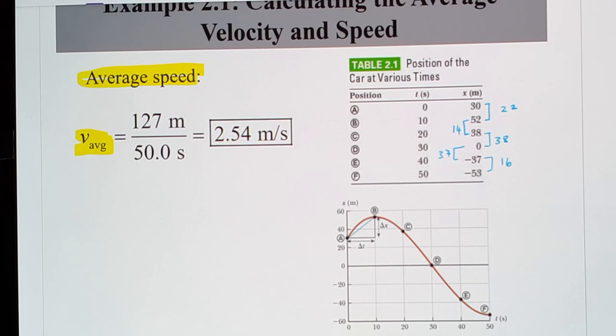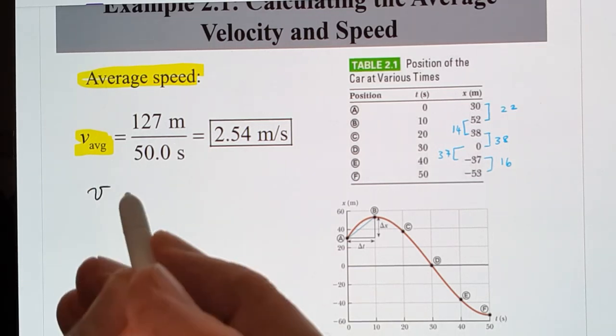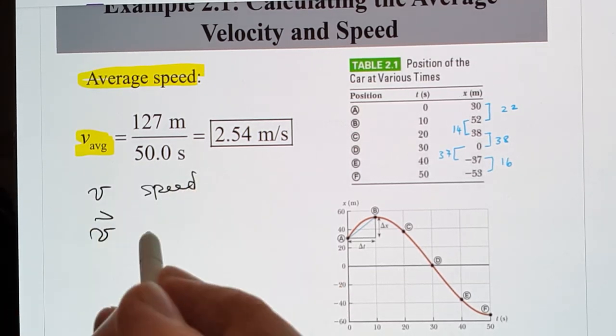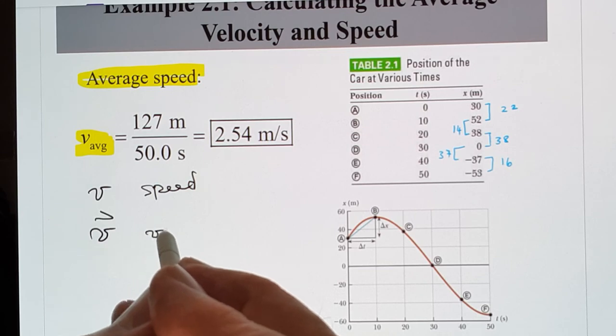I don't know why he's mixing the convention of the book. Yeah, it's much easier to write v for speed and v with the vector for velocity.